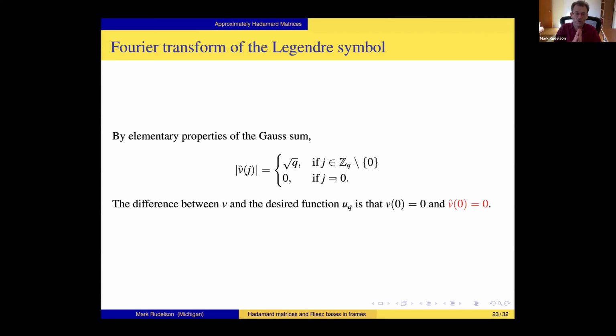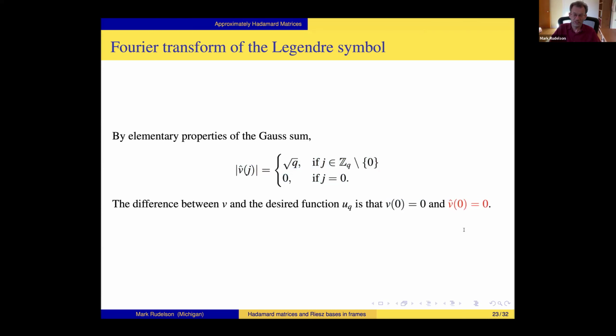So what we get is a vector which almost serves our purposes. It is a plus minus one vector, except that it's zero at 0, and its Fourier transform is constant, except at 0.